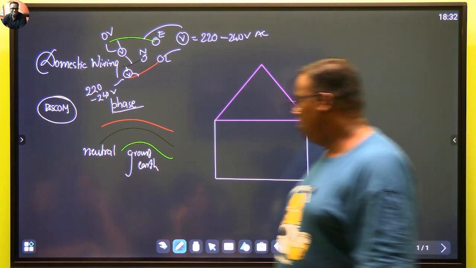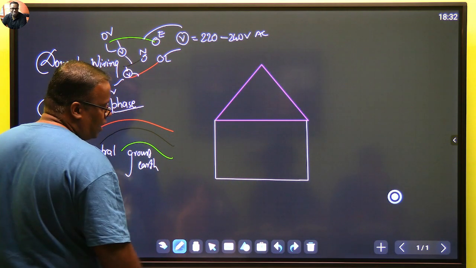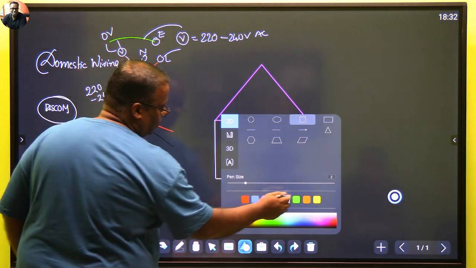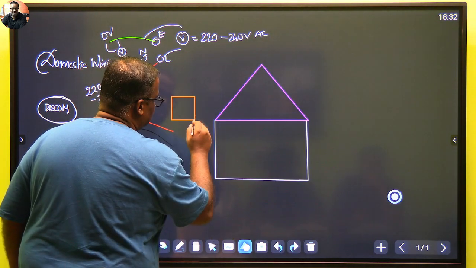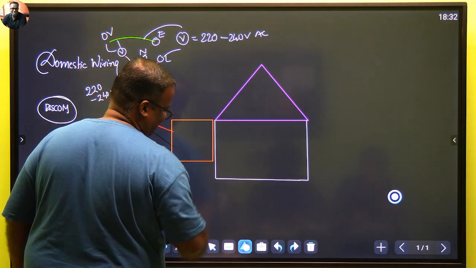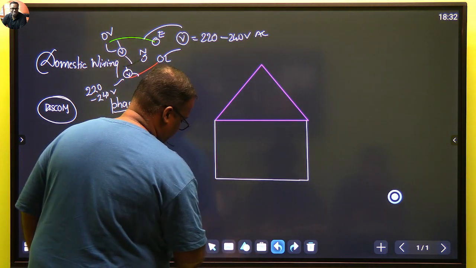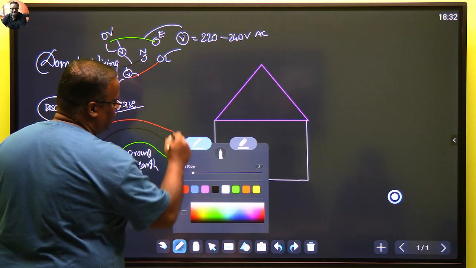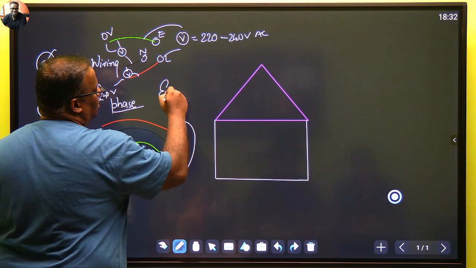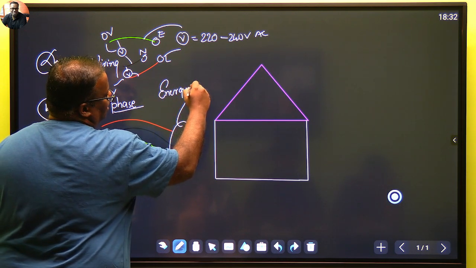Understood? Now this electricity is provided to you by a DISCOM. So what they will do is put something known as the utility meter out here. So you'll first have, I'm drawing it freehand, but it makes it faster, our energy meter.